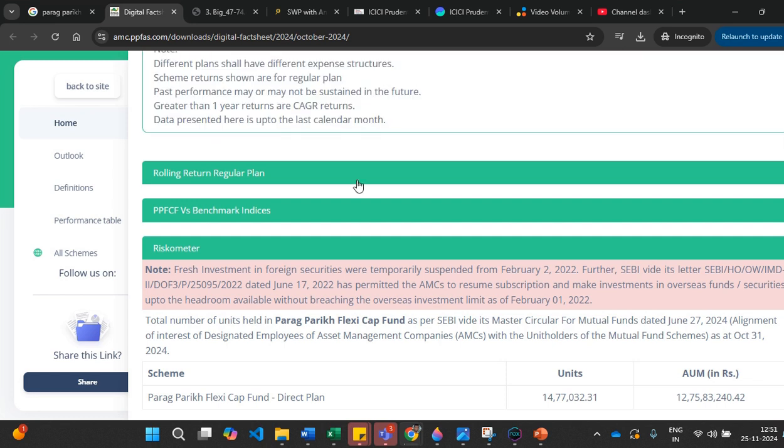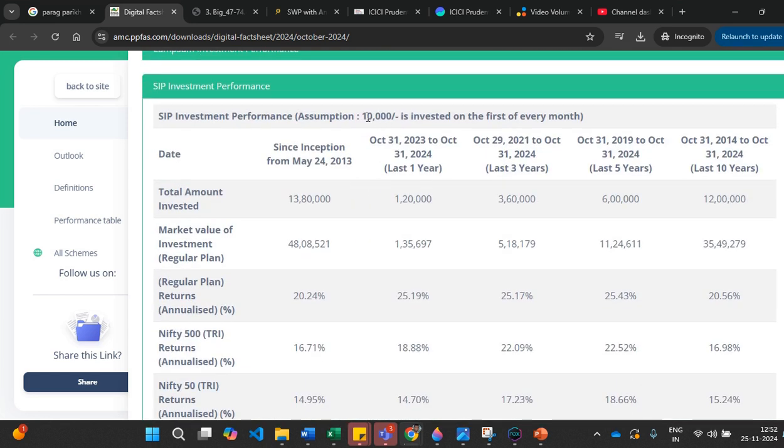For example, if you're doing a SIP in this mutual fund, right? For example, 10,000 is invested every month, right? From the starting year, how much it will be. For example, if you invested 10,000 every month, the total invested amount as of now will be 13 lakh 18,000, right? Then as of October 31st, how much it will be? Then you can compare the last 3 years, 5 years, 10 years. That is the total amount you invested.